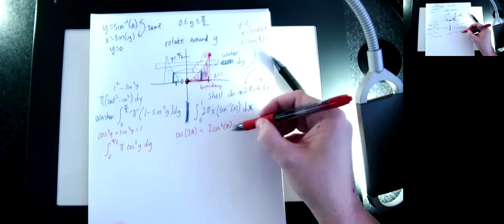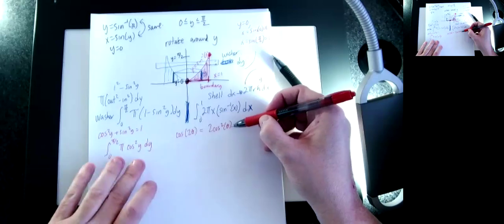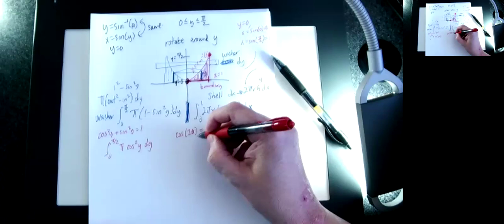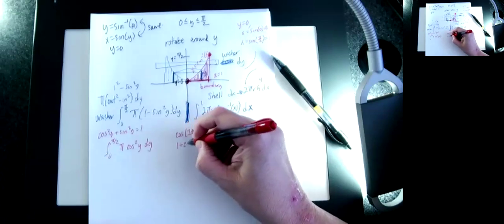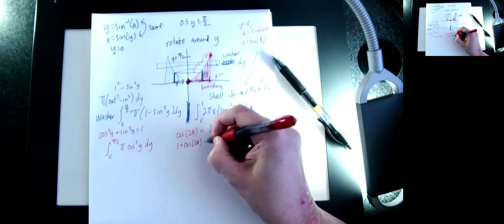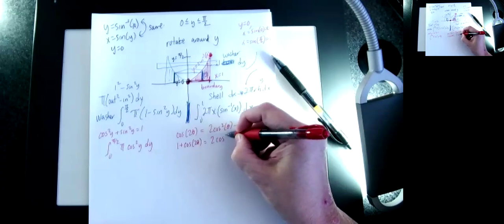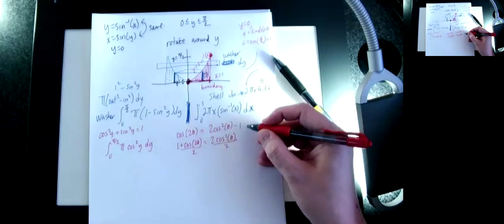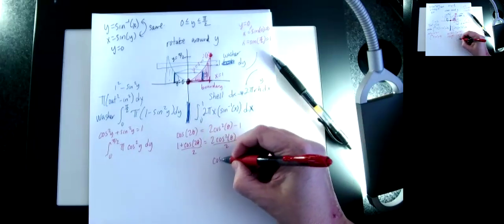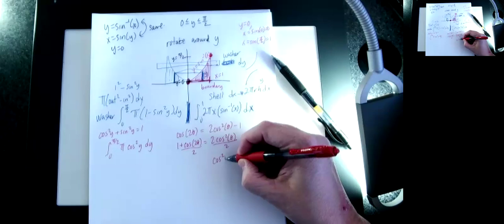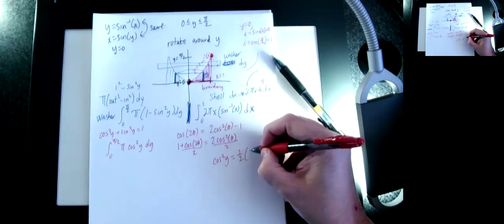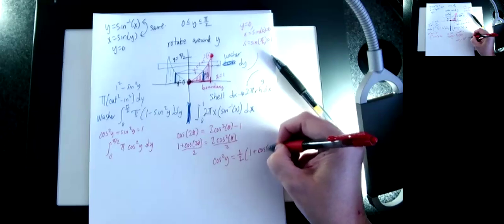So if I solve for cosine squared, I can get something where I don't have a square anymore. I'll add 1 to both sides, and then we'll divide by 2. And we'll see that cosine squared theta, or cosine squared y, should equal 1/2 times 1 plus cosine of 2y.